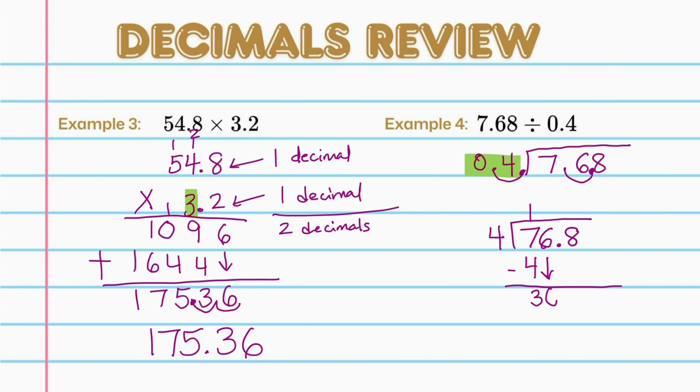I bring down the 6. 4 goes into 36 9 times. 4 times 9 is 36, and then we bring down the 8. 4 goes into 8 2 times. 4 times 2 is 8, and I don't have a remainder. Our decimal place, wherever it is here, we're just going to bring it right on up so that it's in my answer. So the answer here is 19 and 2 tenths.